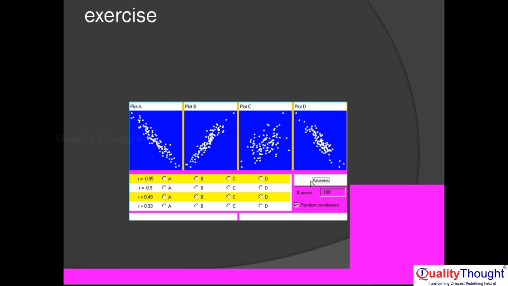So guys, I just wanted to tell you this is what the correlation coefficient is about. With the help of this correlation coefficient, we will always try to identify the relation between the two variables. Understand all of you?